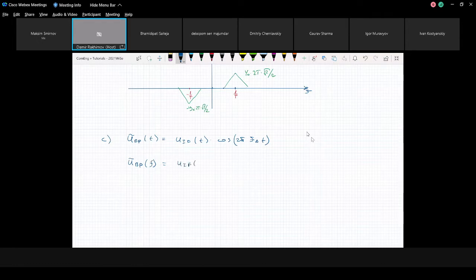We write it as u frequency of f and we know how it looks. Then we have a convolution with this cosine, and this convolution is given as 1/2 delta of f minus delta f plus delta of f plus delta f, convolved with our function.